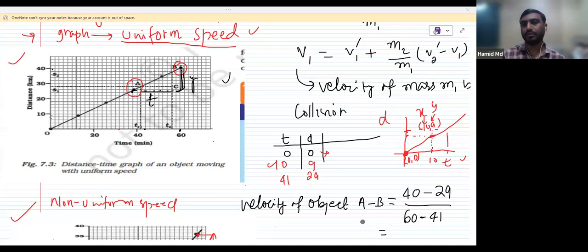So can you calculate this? One minute. Now it is visible. Yes, sir. Can you calculate this sum? 11 by 19, right? Yes, sir. So what will be 11 by 19?